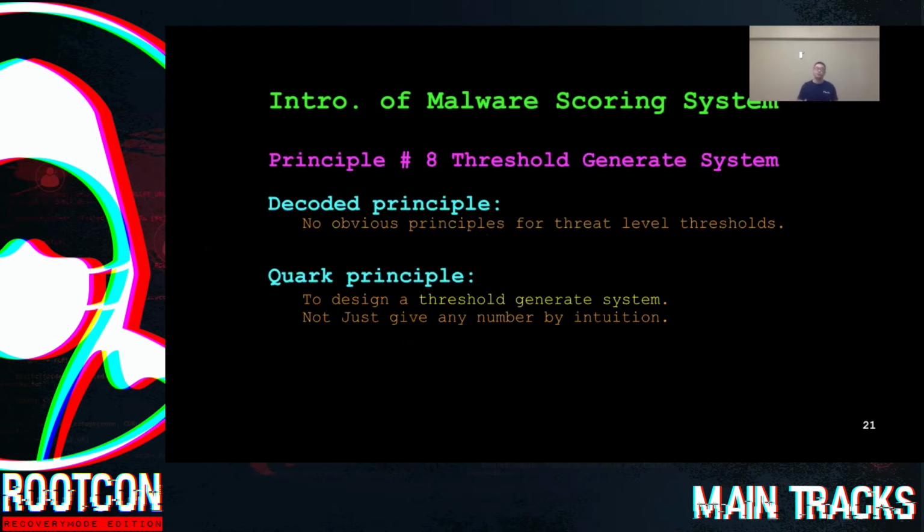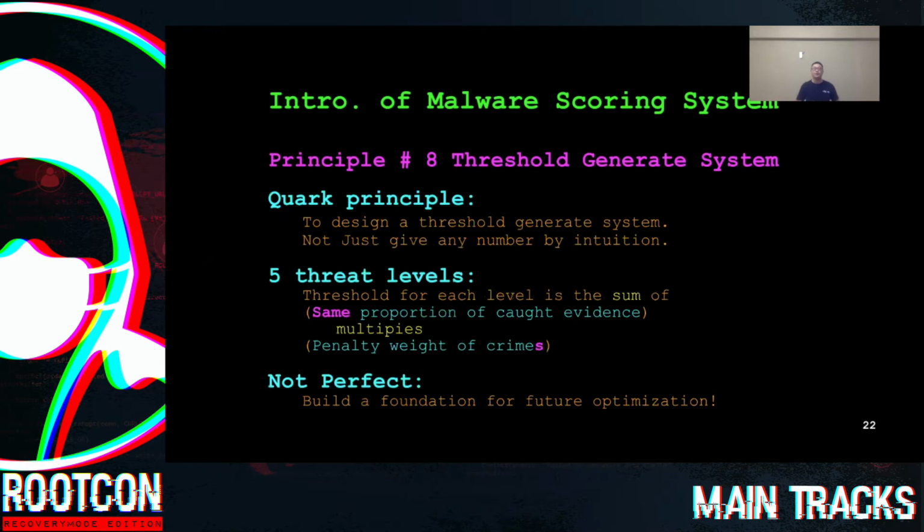The last principle, principle number 8, threshold generate system. After calculating the total penalty weight for the malware, we need to have threat level thresholds so that we can tell which threat level the malware fits in. Unfortunately, we can't find them in the criminal law, but we know we need to design a threshold generate system for that, not just give any number by intuition.